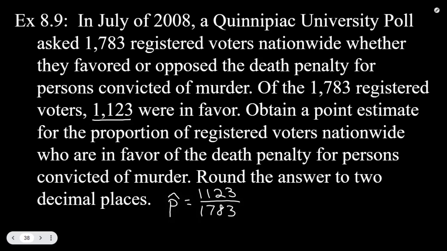And when we divide that on our calculators, 1,123 divided by 1,783, and we round it to 2 decimal places, our sample proportion there is 0.63. It's 0.6298, but that rounds off to be 0.63. So that would be our answer for example 8.9 here, finding that point estimate for proportion.